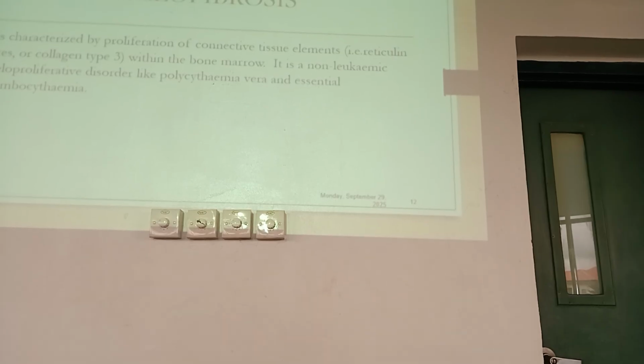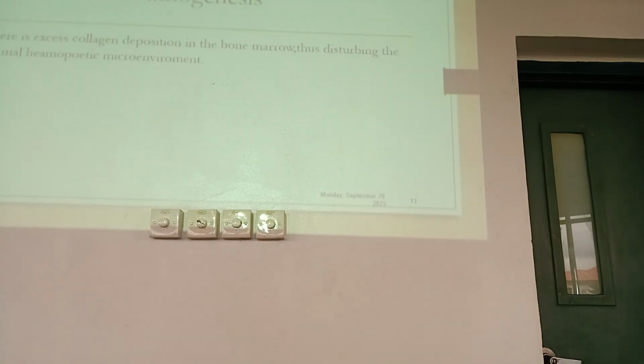And it is a non-leukemic myeloproliferative disorder like polycythemia vera or essential thrombocythemia. So, like I said, there is excess collagen deposition, and if you have your marrow being replaced by collagen, then it's going to distort normal erythropoiesis, normal myelopoiesis, normal thrombopoiesis, everything will be distorted, and then there will be anemia.